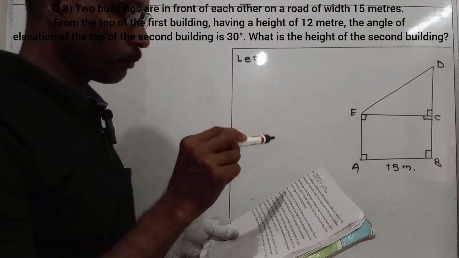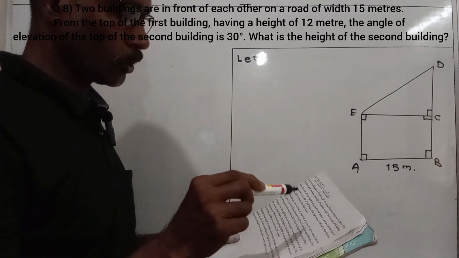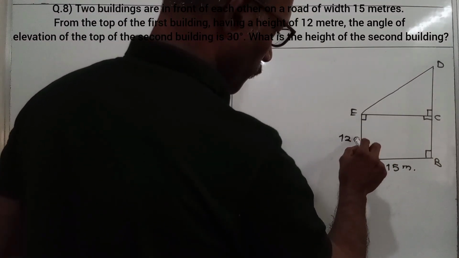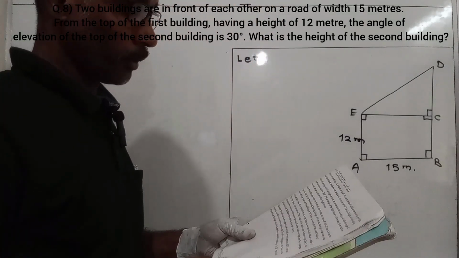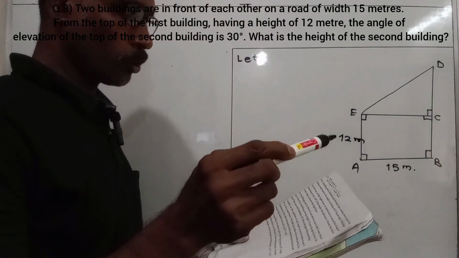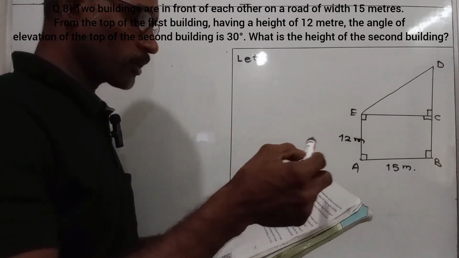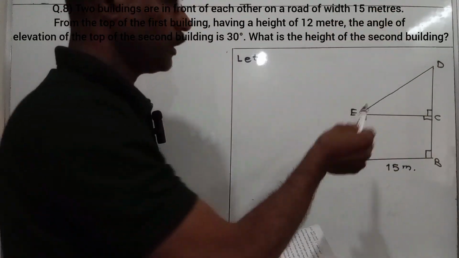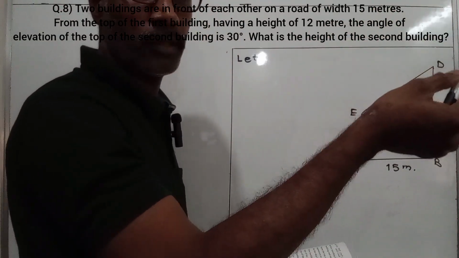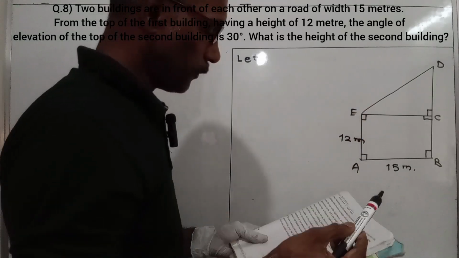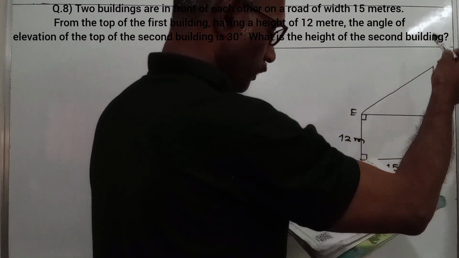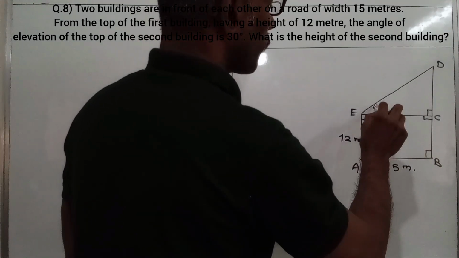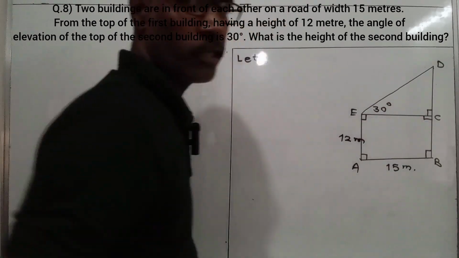From the top of the first building having a height of 12 meter, the angle of elevation of the top of the second building, which is taller than A, is 30 degree.